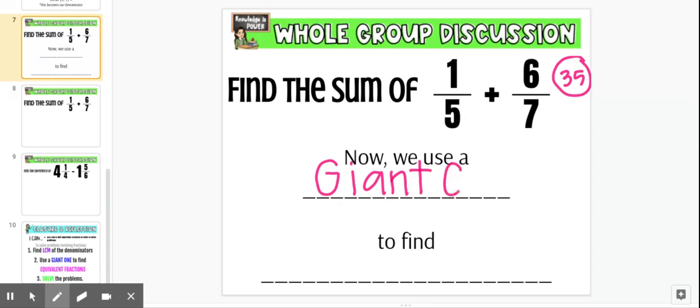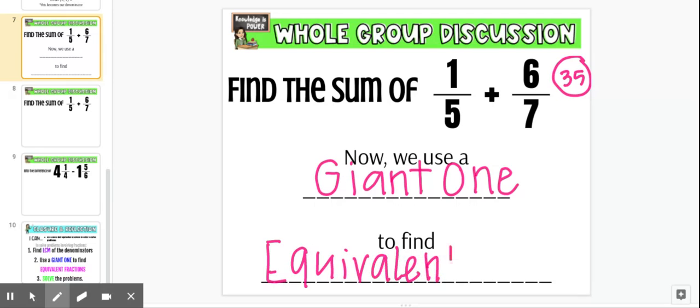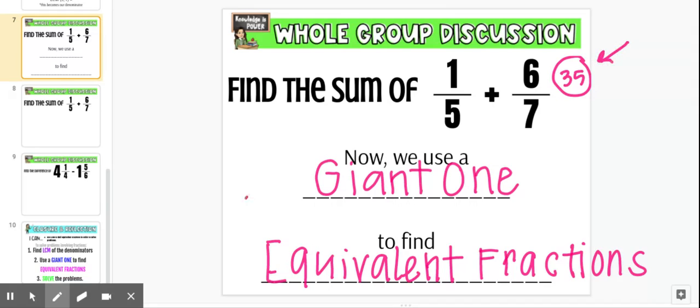You did this in your CC1 class to find equivalent fractions. So here we go. If we think back to our learning target, it was: I can use LCM, which is right here, to find equivalent fractions in order to solve problems.